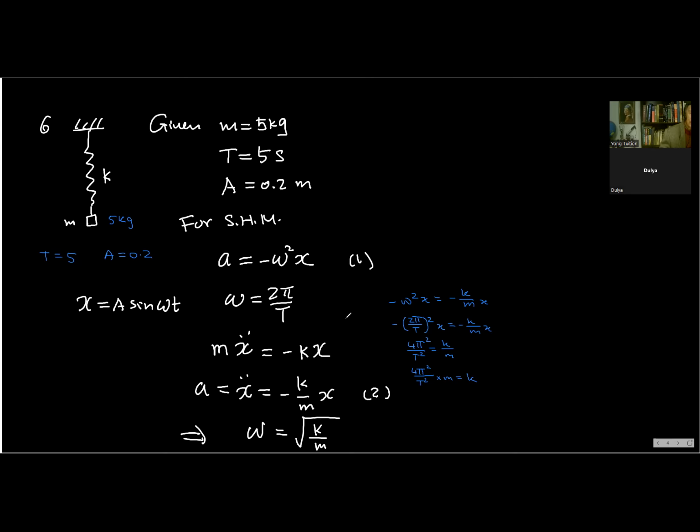This comes from ma equals force, and the force in our case is determined by Hooke's law. So this K is called the stiffness or elastic constant. So this is Hooke's law.